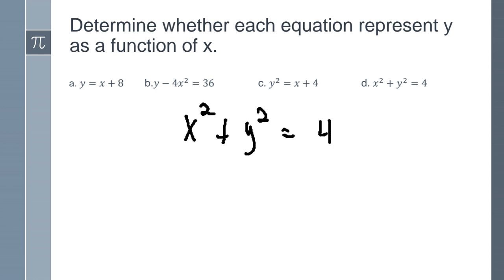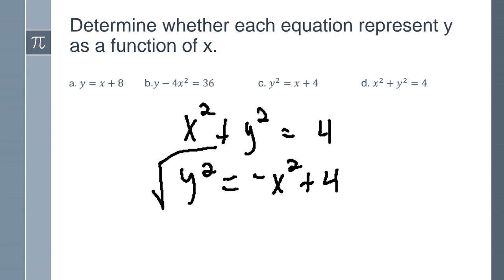Okay, so again, this is if you forgot what the graph looks like, then your next choice is algebraically. So what I mentioned earlier is you want to solve for y first. So I'm going to subtract x squared on both sides. And to solve for y, I am personally going to have to take the square root. So once I take the square root, I have to consider the plus and the minus.